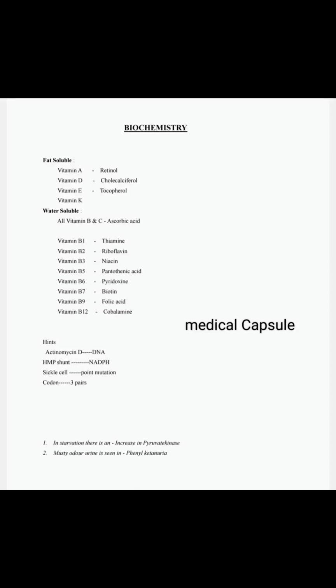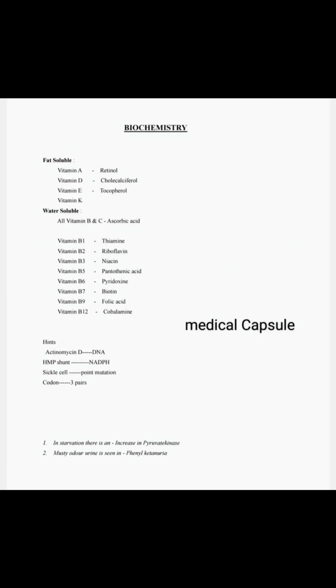Now just look at the water soluble vitamins. In water soluble vitamins you have vitamin B and C. C is also called ascorbic acid, and B is divided into 12: B1, 2, 3, 4, 5, 6, 7, 8, 9, 10, 11, 12. Now let's memorize it.